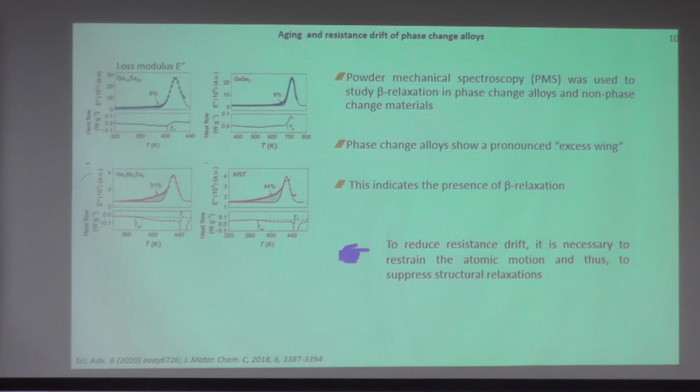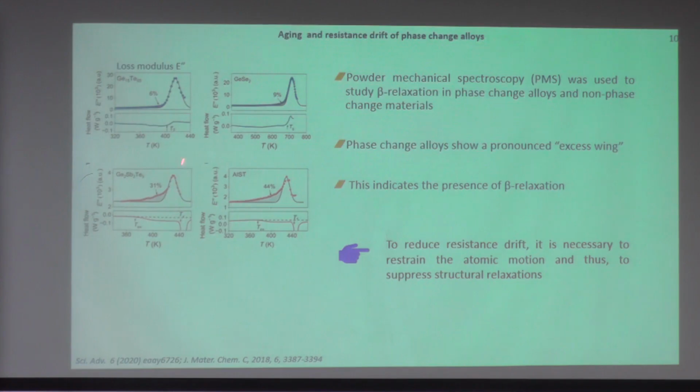And if you look at the two types of material, one non-phase change material and one phase change material, and if you look at the temperature, like here the Tg, then you see a nice peak without any features close to this point.